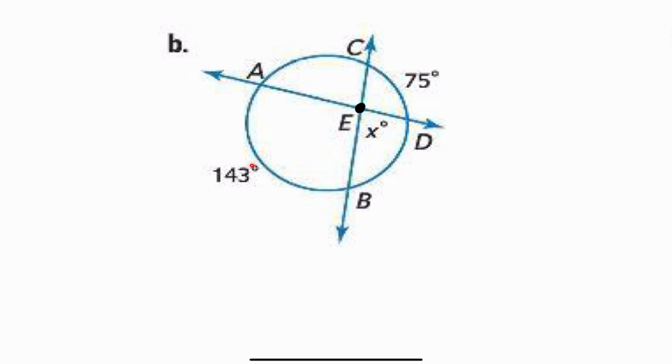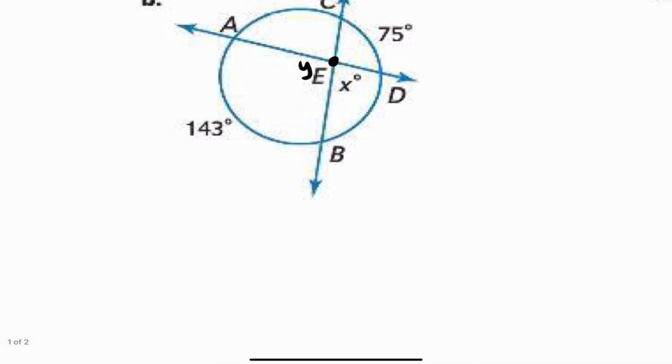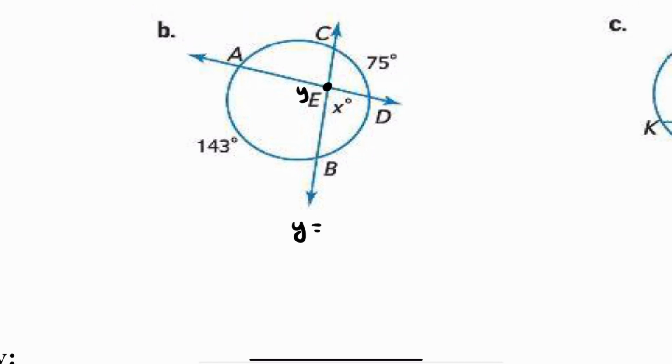I have these 2 given arcs here, and they work with these angles. So I'm going to call this angle y. The measure of angle y is equal to, that's the left angle.